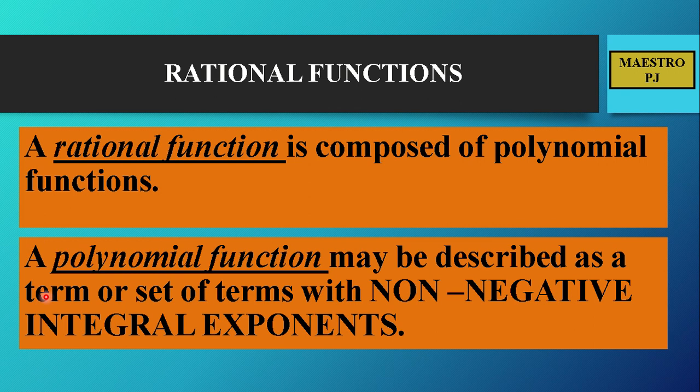That means even if it is just one term, we can call it a polynomial function, because it says here, it could be a term or set of terms with non-negative integral exponents. That means a polynomial function should not have negative integral exponents. Also, it cannot have an exponent that is a fraction.